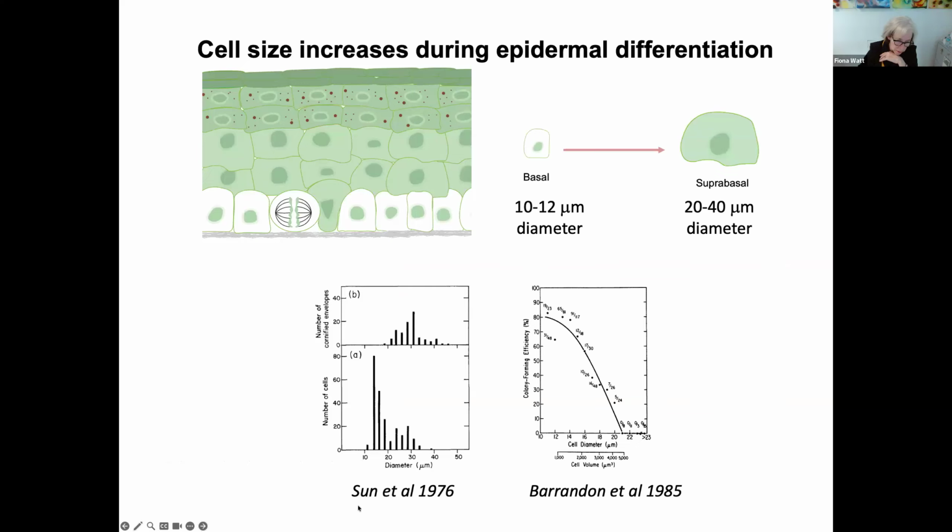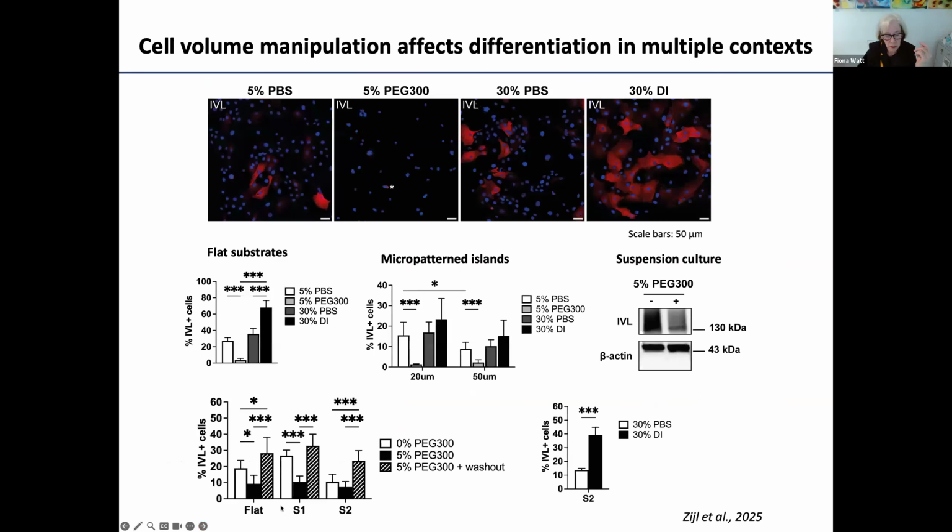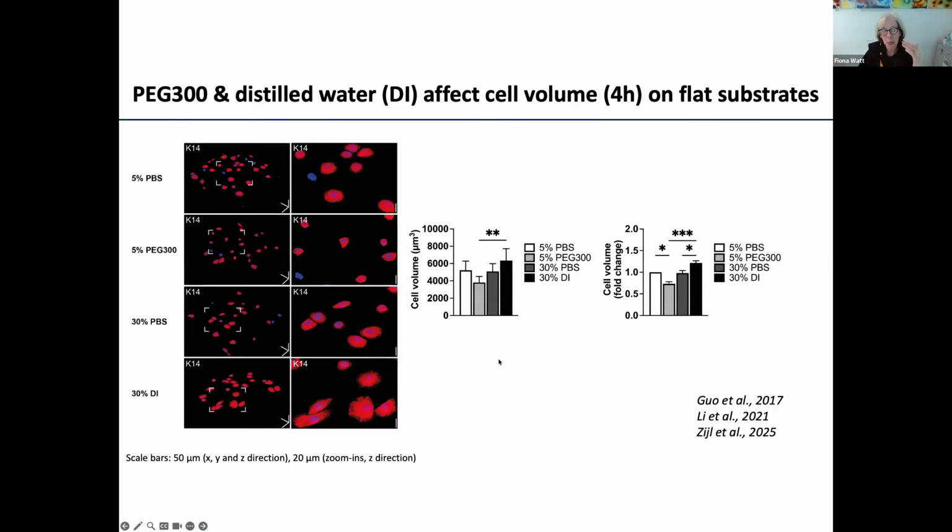And he tried these treatments out on our cells. And he found that sure enough, if he added polyethylene glycol to the medium, he could reduce the volume of the cells. And if he supplemented the medium with distilled water, he could increase cell volume.